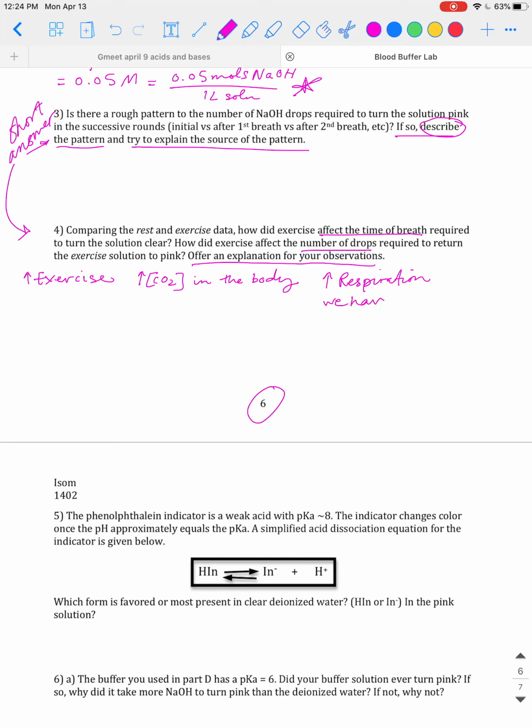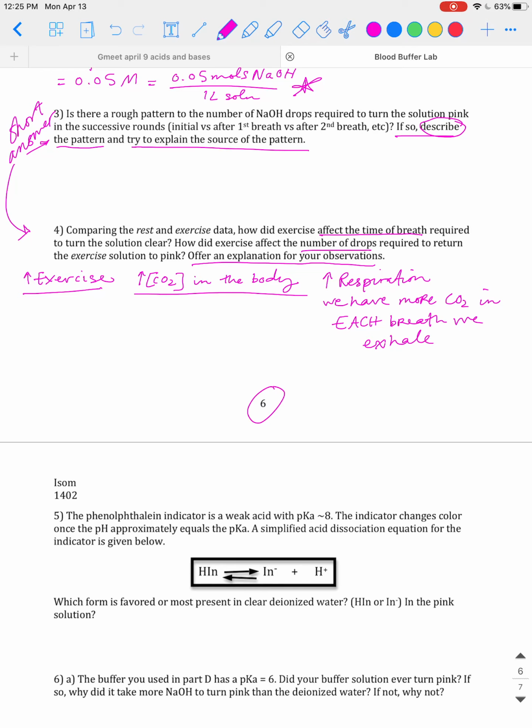And if we're increasing respiration, we have more CO2, more carbon dioxide in each breath we exhale. Okay, so as we increase in exercise, we increase concentration of CO2 in the body.